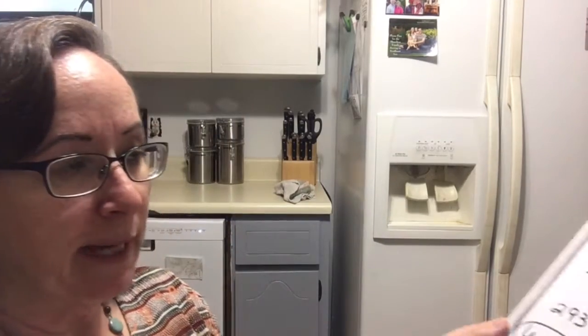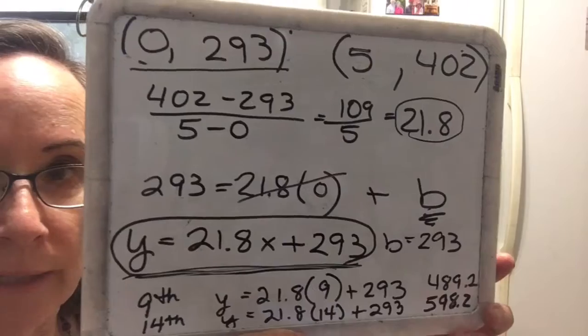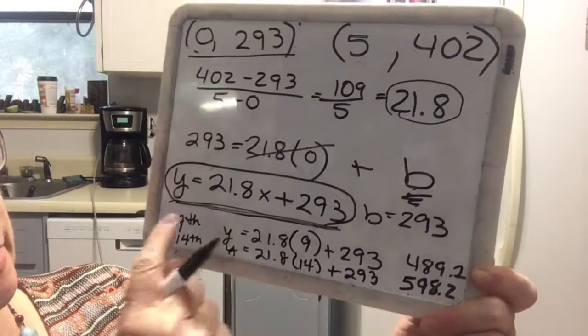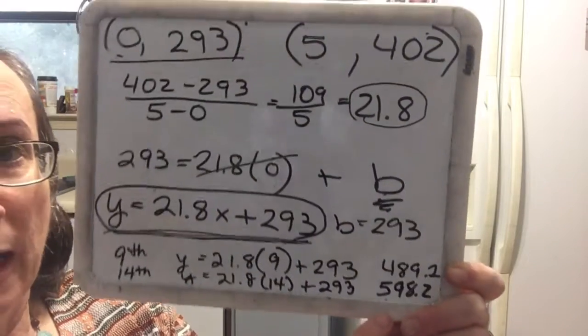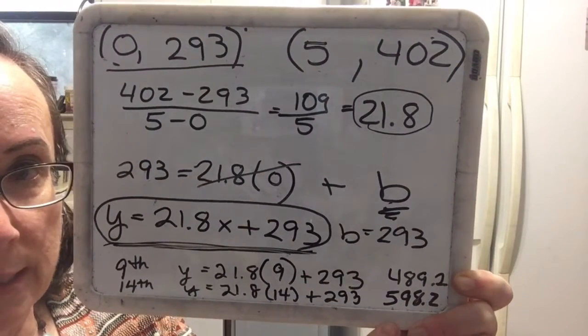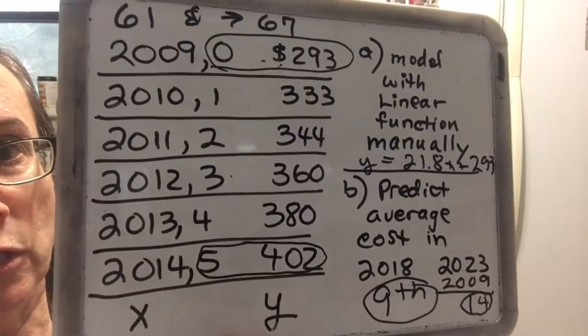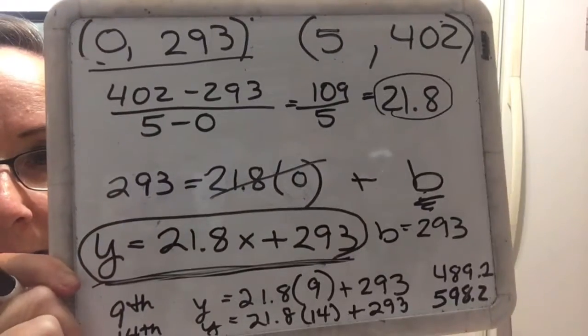Okay, which makes sense. All of our data was increasing, wasn't it? As it went up, it was increasing. And so this is the 9th year and the 14th year, and those make pretty good sense. Okay, so we have finished problem 61, which was to do all of this by hand.